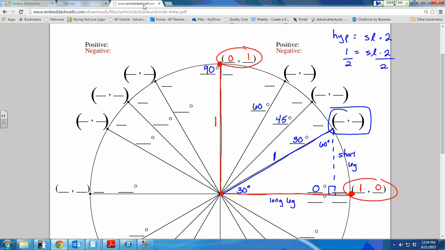So it looks like the short leg is going to be 1/2, right? Now that's the y distance. That's how far up from the x-axis to the point you're going to have to go. Right? So that's the y distance. So that's going to be your y coordinate. Does that make sense why that 1/2 goes there? If it doesn't make sense, let me know.